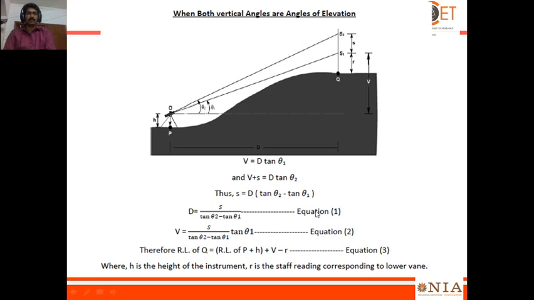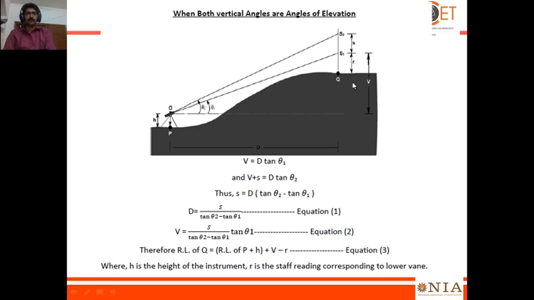It is the first equation. From that we can obtain V, you substitute the D value here, so V is equal to S tan theta 1 by tan theta 2 minus tan theta 1. Therefore the RL of Q can be obtained by the RL of P plus the staff reading at the benchmark, which gives the height of instrument, plus V minus R, right?